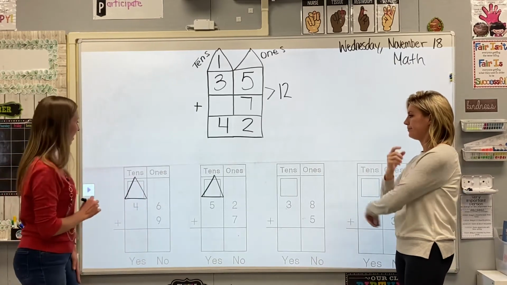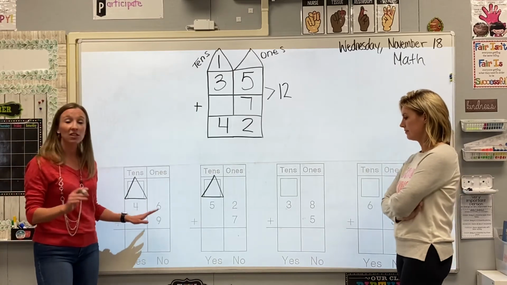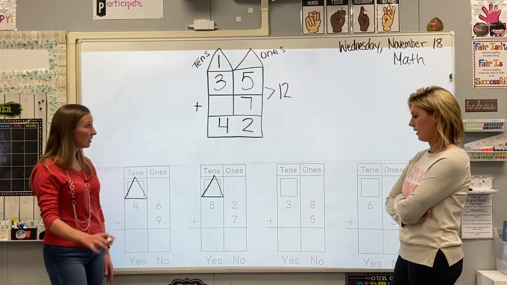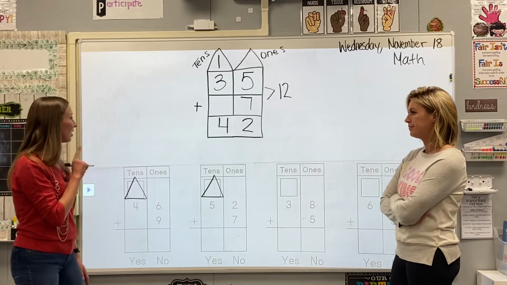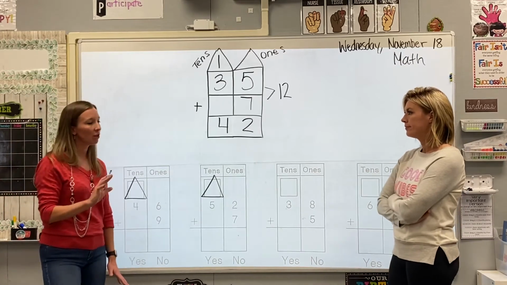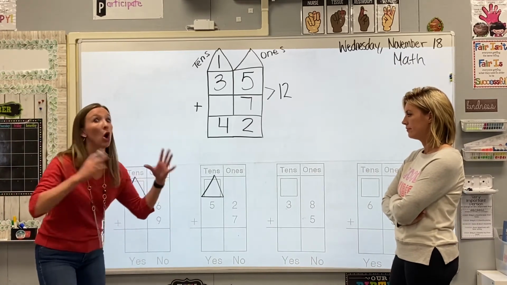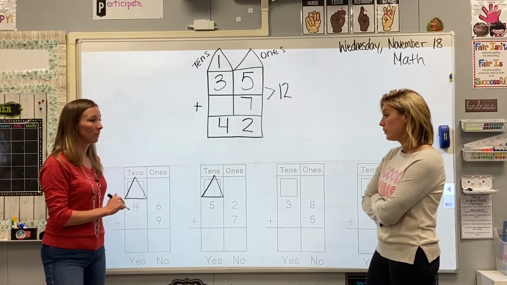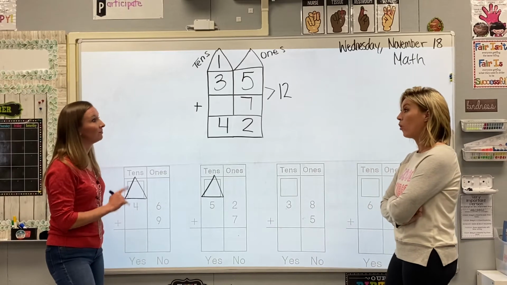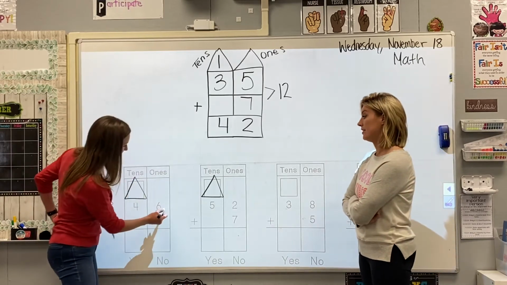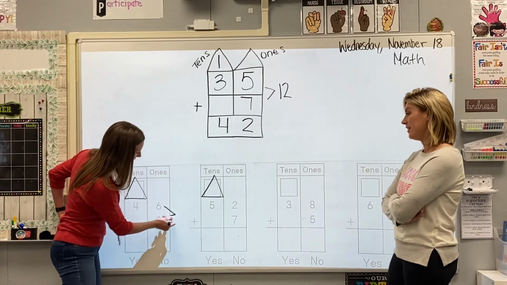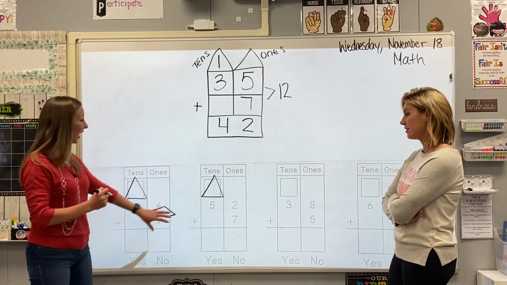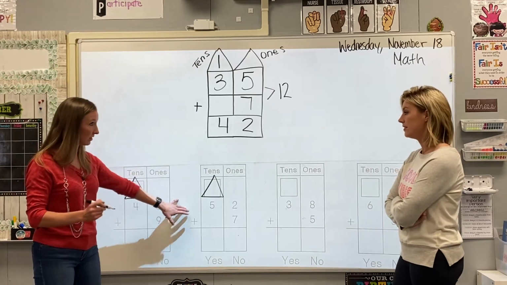All right. So the first problem that we have is 46 plus 9. So if you remember, there is a section of our problem that we always start with. Do you remember what it was? Yeah, we always start by adding up our ones to see if we have to send any next door. You got it. And I love your idea of drawing that little caret there so that we can see what the answer is.